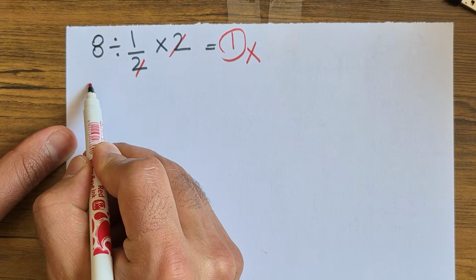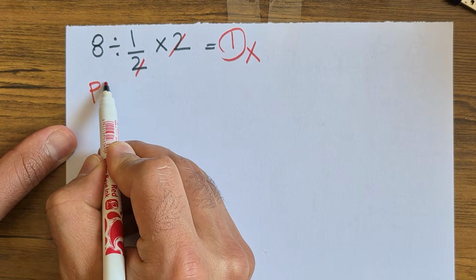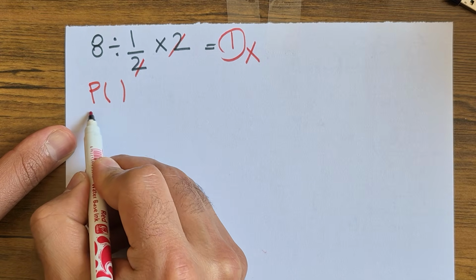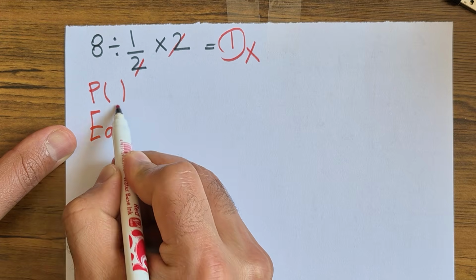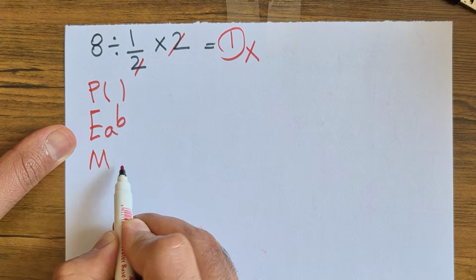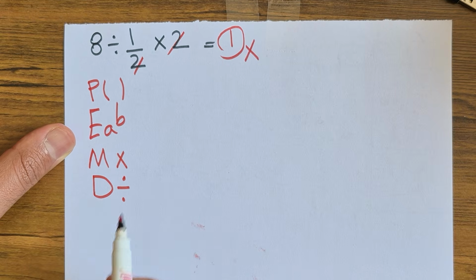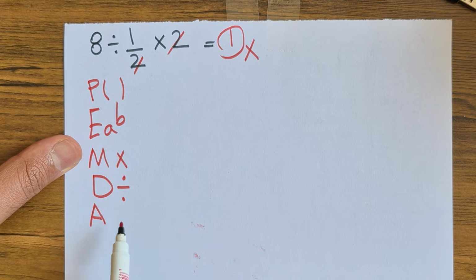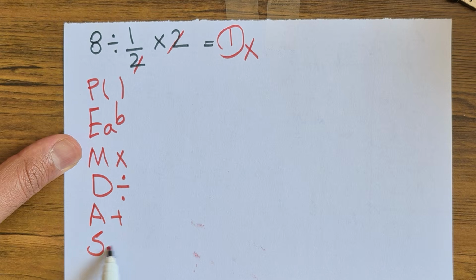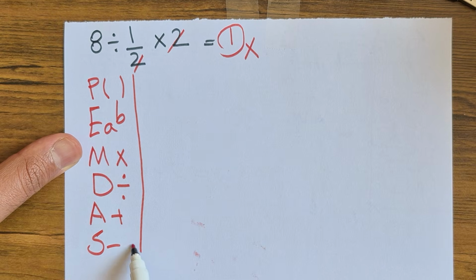So let's talk about PEMDAS. P stands for parentheses, E stands for exponents, M stands for multiplication, D stands for division, A stands for addition, and S stands for subtraction.